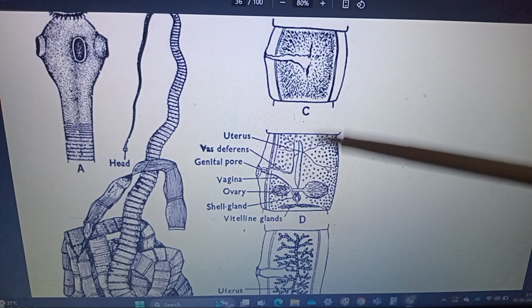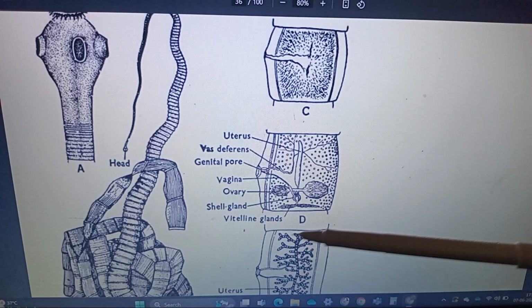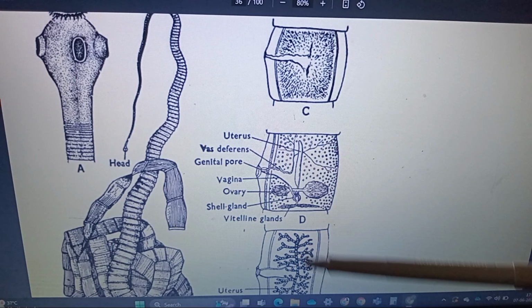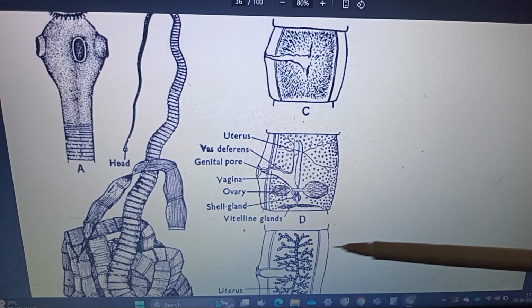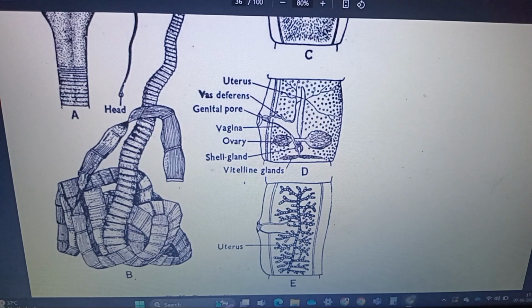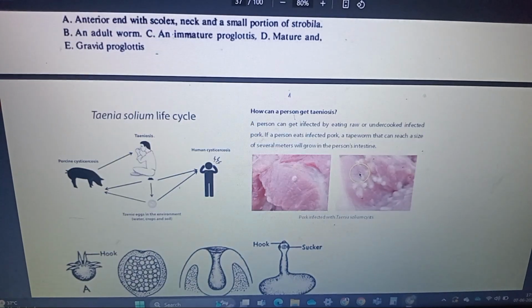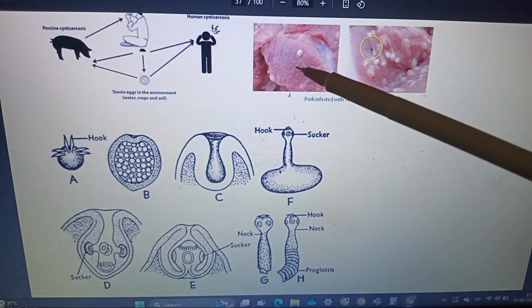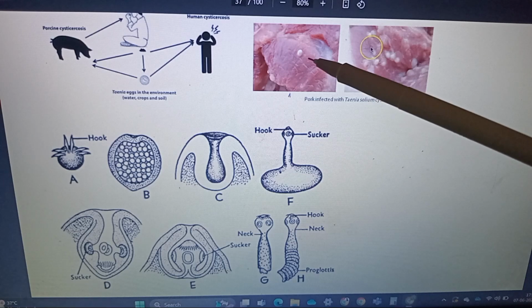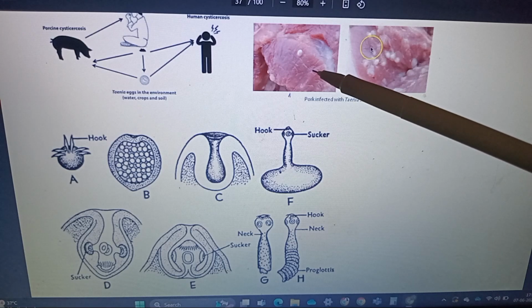When this proglottid is shed out, when it is gravid, it can infect other animals. This was the Taenia. The life cycle of the Taenia includes many stages, and the infection occurs by uncooked meat eaten by humans, be it beef or pork.